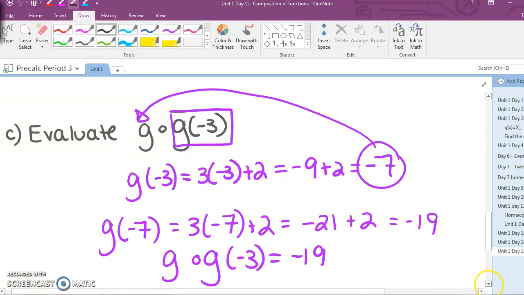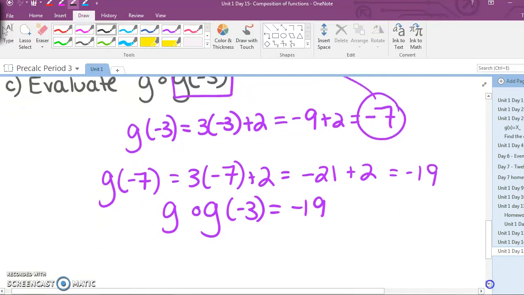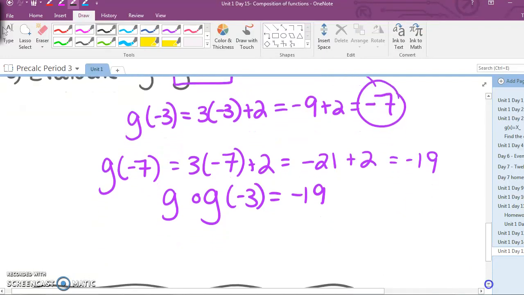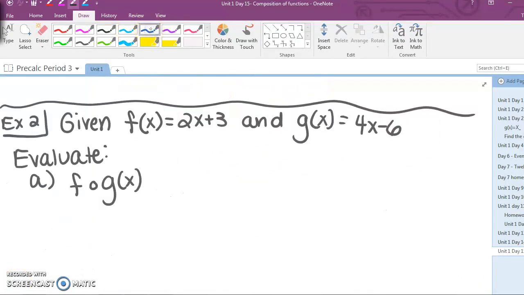Now I'm going to do an example of using the equation piece together. So copy what you need to, pause if you need to, and then move on to the next problem. For this problem, they want me to do f of g of x. So I don't have anything here to plug in for x.